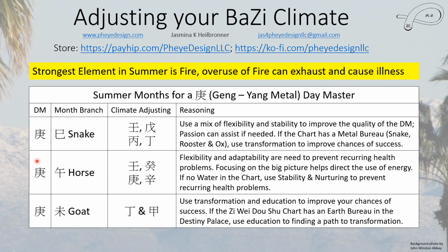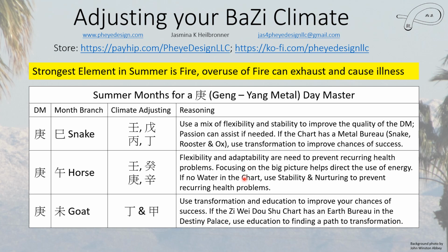Now, if you're a Gung metal day master and born in the month of the horse, then you're going to have to use more flexibility and adaptability. And this will help you be less focused, because it's very easy to be focused as a yang metal day master, but you probably will have more health problems if you can't be a little bit more adaptable and flexible in your daily routine.